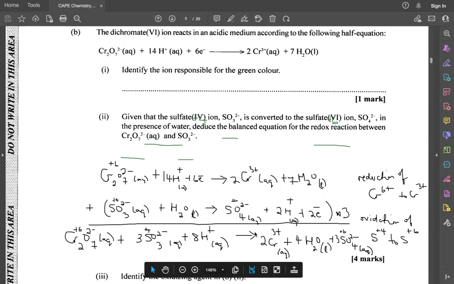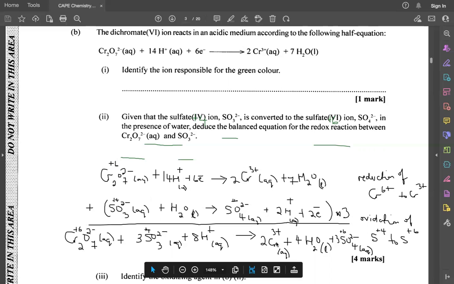So what was it that caused the sulfate 4 to be oxidized to sulfate 6? It was, in fact, the dichromate 6 ion that did that, because by reacting with this dichromate 6 ion, this sulfate 4 went to sulfate 6, while the dichromate 6 itself was reduced in that process and went to the 2Cr3 plus.